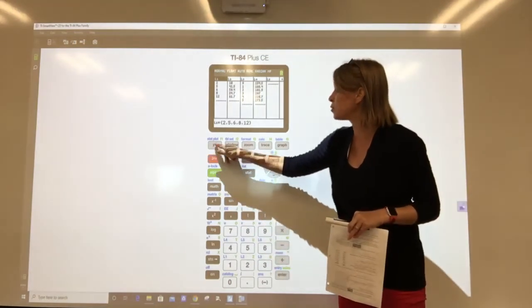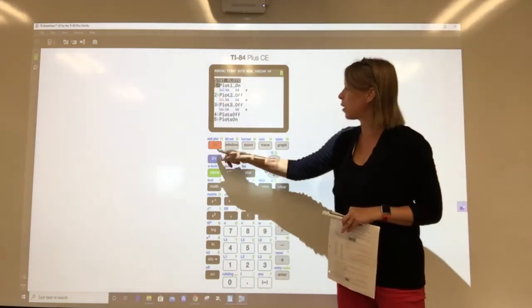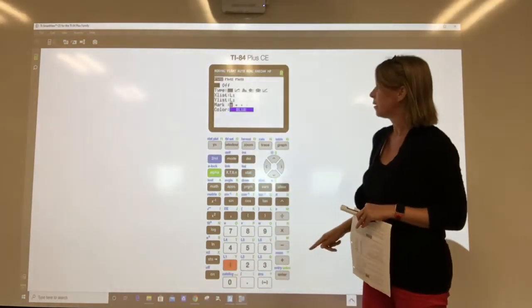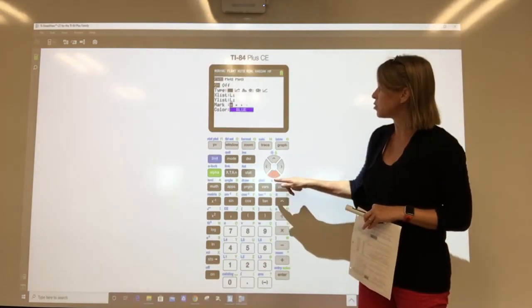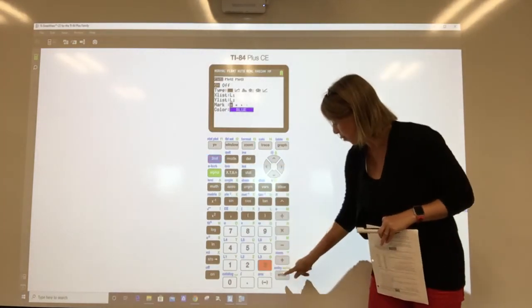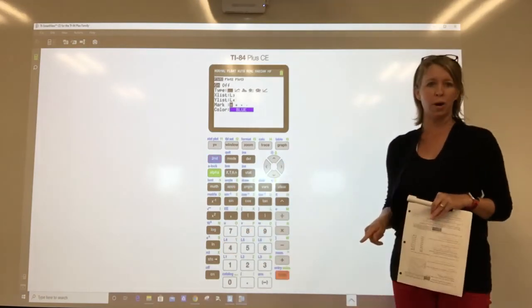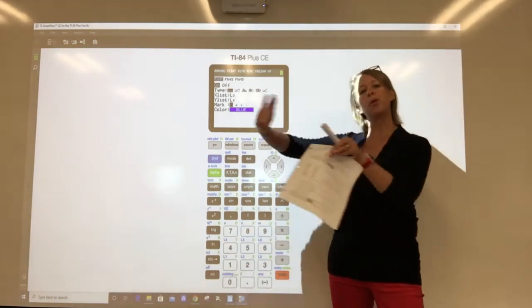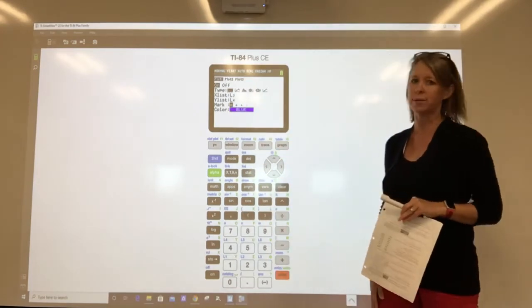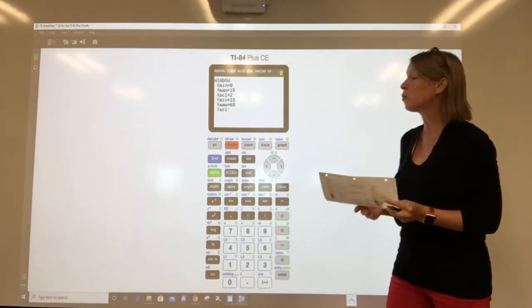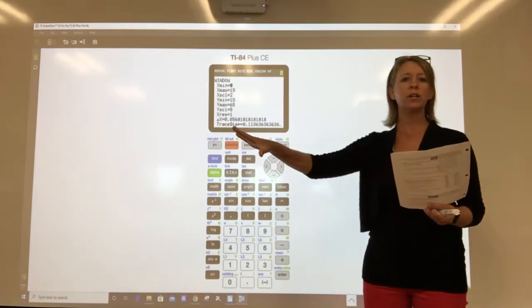So since I'm using those lists, when I go into stat plot, I'm going to need to tell the calculator L3 is where my X's are, L4 is where my Y's are. If you're just going to put them in L1 and L2, you shouldn't have to adjust that at all. Okay. Then we're going to go into the window. We need to totally readjust our window.